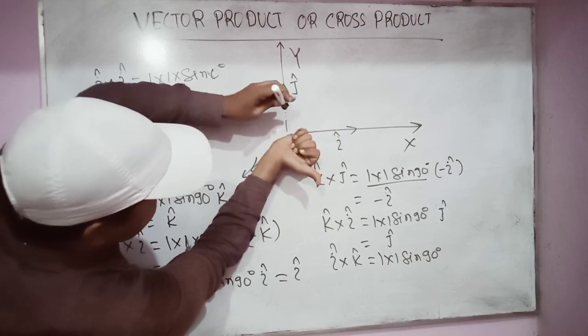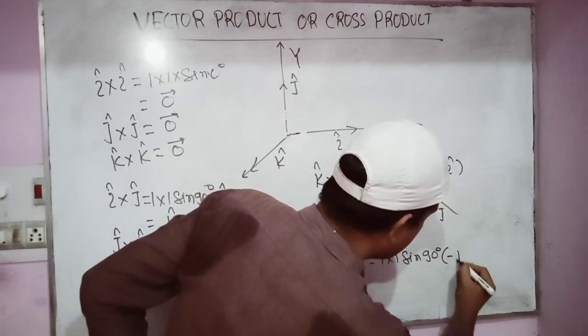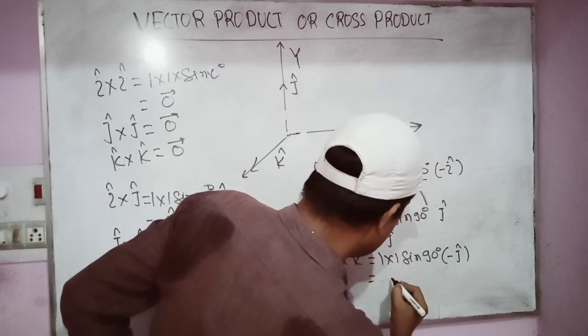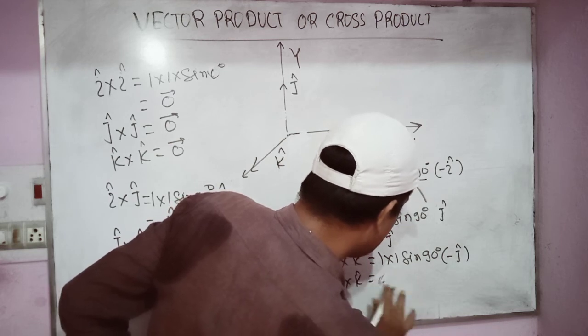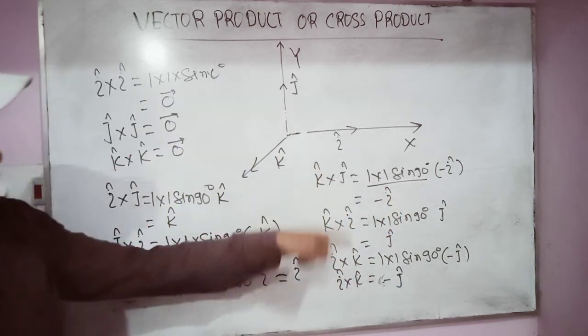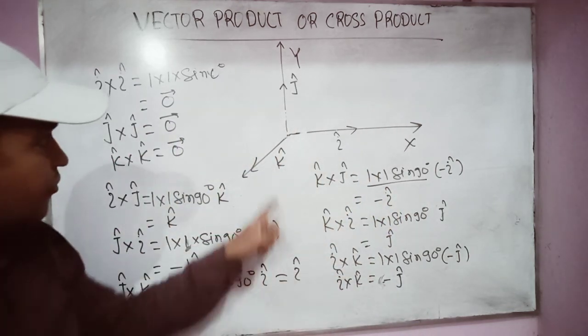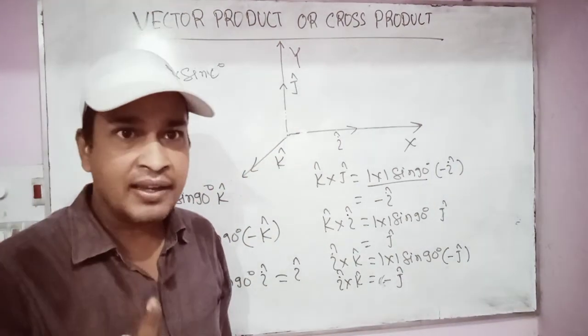So this comes out to be minus j cap. So i cap cross k cap is equal to minus j cap. So we discussed all the cases of cross product of two vectors along the Cartesian coordinate axes.